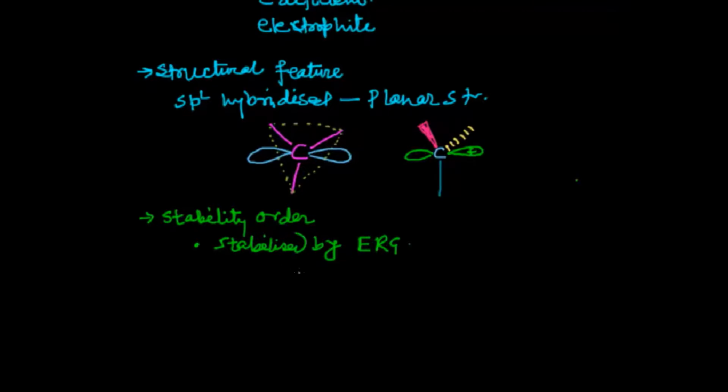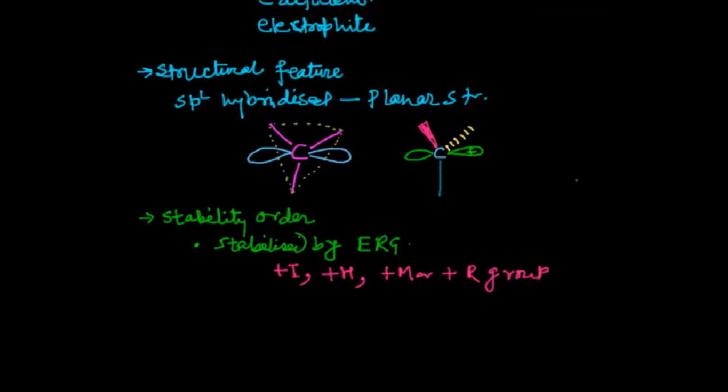This electron release may take place by means of a plus I group, which will increase the stability, or a plus H, that is hyperconjugation, or it may also be a plus M or plus R group, meaning mesomeric and resonance.